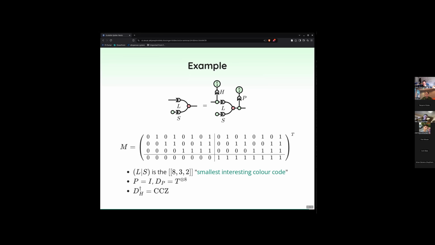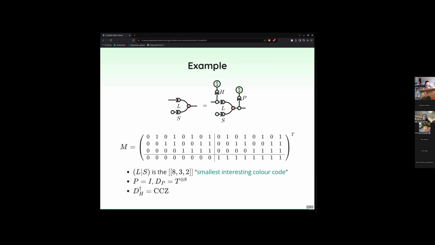Then this is a pushing through the encoder type picture. So it's saying that if I do CCZ on my logical space, that's the same as doing a T gate on every qubit of my physical space. Because P here is the identity, every pi over 4 is acting on one wire. So that's why you have the transversal implementation of the CCZ.